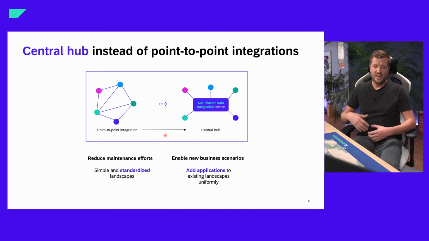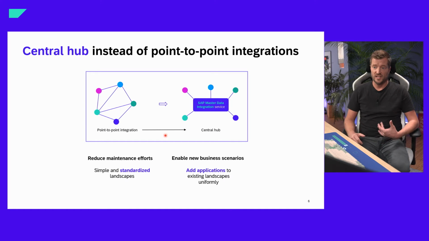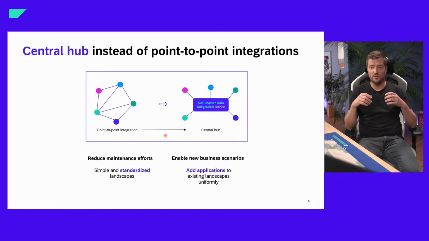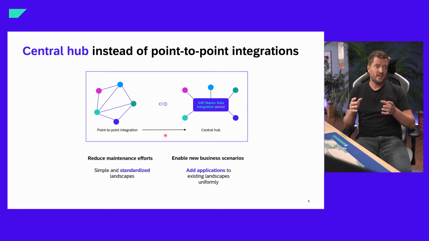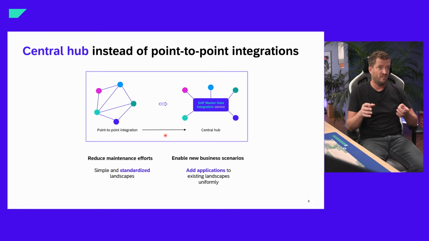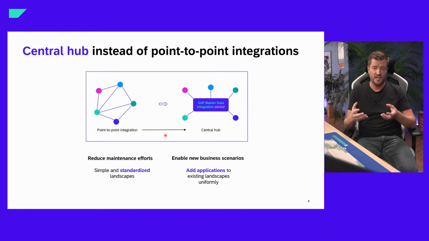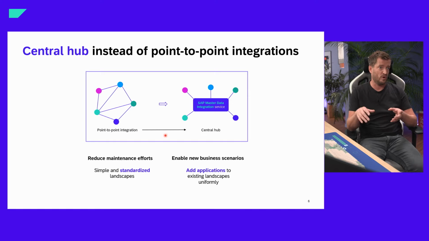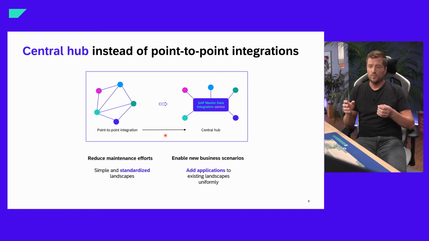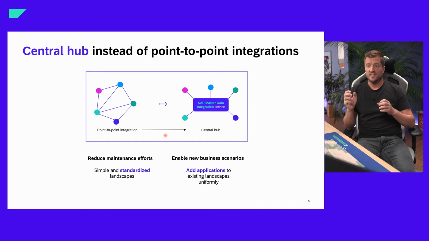So, having a look at the guiding principles of SAP Master Data Integration Service, we currently have the situation that customer system landscapes are very complex and hard to maintain due to various point-to-point integrations. We want to achieve a more centralized approach where SAP Master Data Integration Service serves as a hub in the middle.